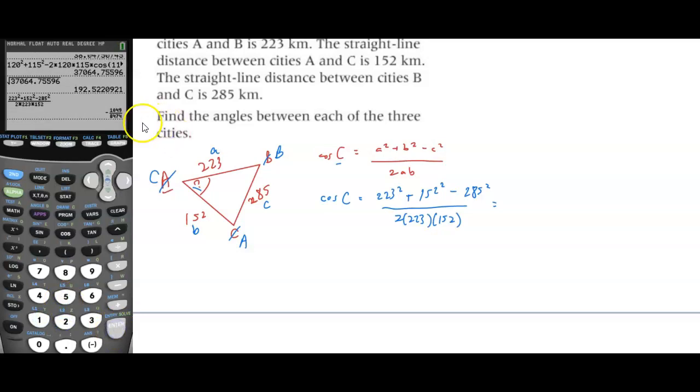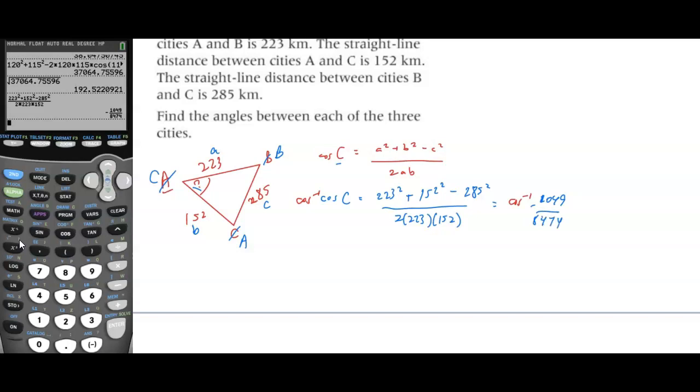Okay, and so that gave me a negative number, that's a fraction, and now I'm going to get rid of the cosine by doing inverse cosine. Inverse cosine here and inverse cosine on the simplified result of this, which is negative 1049 divided by 8474.